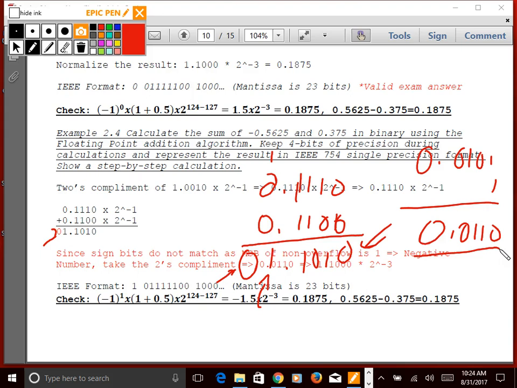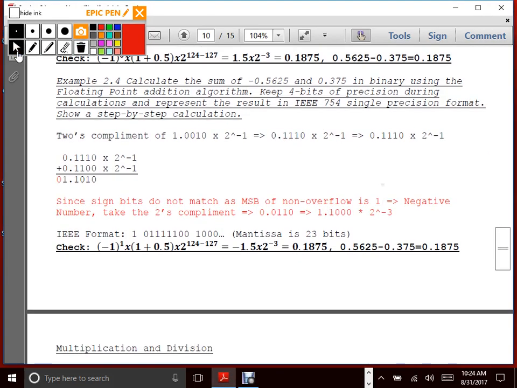Because it's actually negative 0.1875. Because basically you switch them around, you should get the same result except negative. So what we've actually done here is successfully switch the signs, and using our knowledge, we're able to perform the 2's complement. So the result is the same thing as the previous problem, except the sign bit is 1.